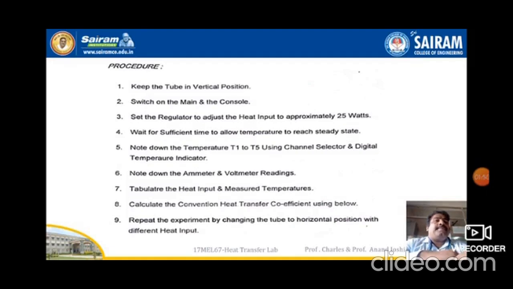Note down the ammeter and voltmeter readings, which give the heat input, tabulate them, measure the temperatures and calculate the convection heat transfer coefficient using the equations below. Repeat this experiment by changing the tube to the horizontal position for different heat inputs.